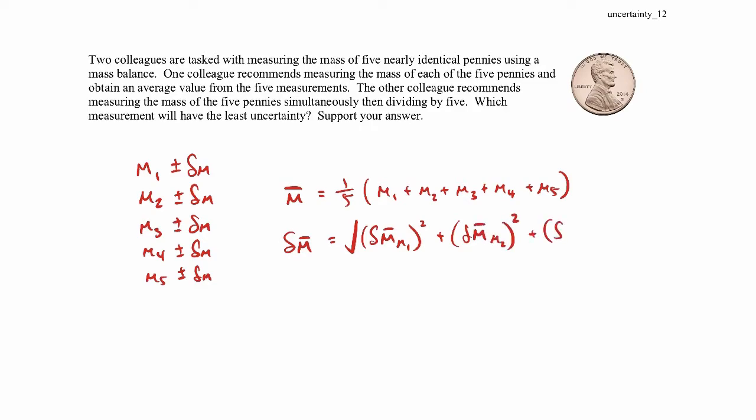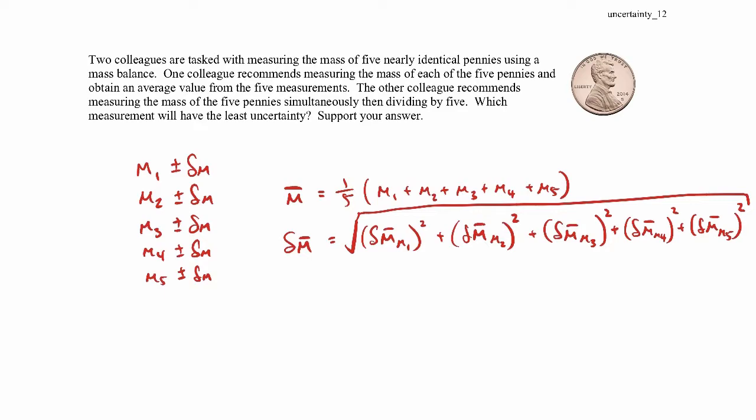So we're just getting the absolute uncertainty in the average due to the absolute uncertainty in each of the measurements. Then we sum those all together and take the square root of it. So that comes from our propagation of uncertainty approach.